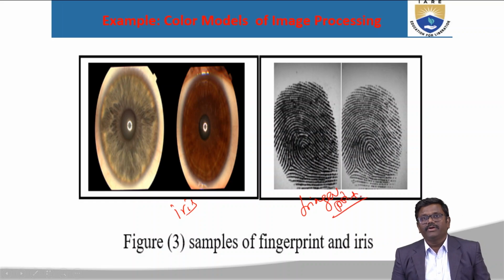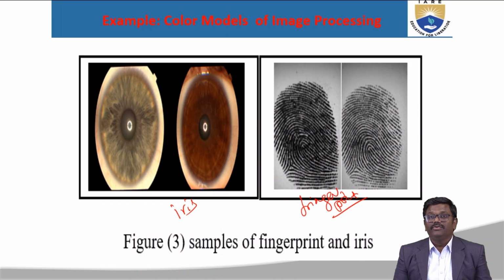For example, to find certain information from one to another. As all of you know, with Aadhaar card scanning, the information is available in two ways: thumb or iris.